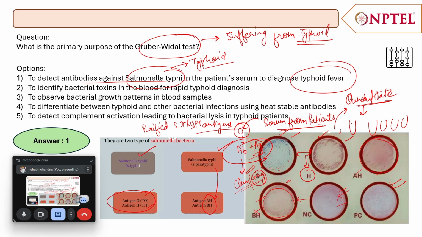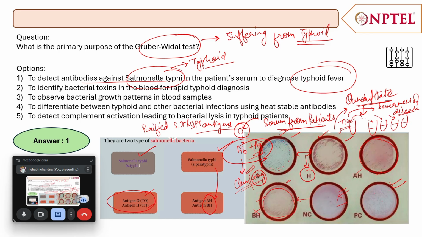Keeping the amount of antigen constant in all the tubes, when we serially dilute the serum, it can tell us the titer of the antibodies that are present in the patient sample. Based on that, we can detect the severity of the disease.